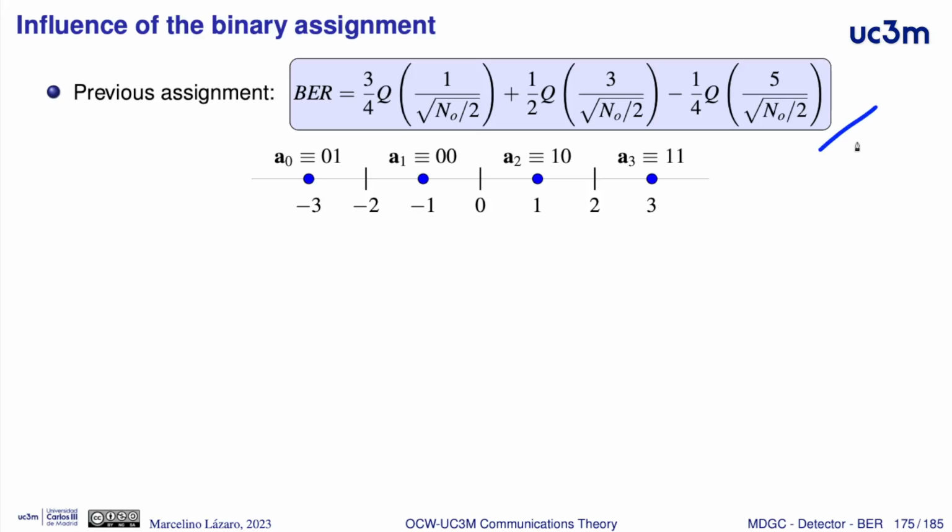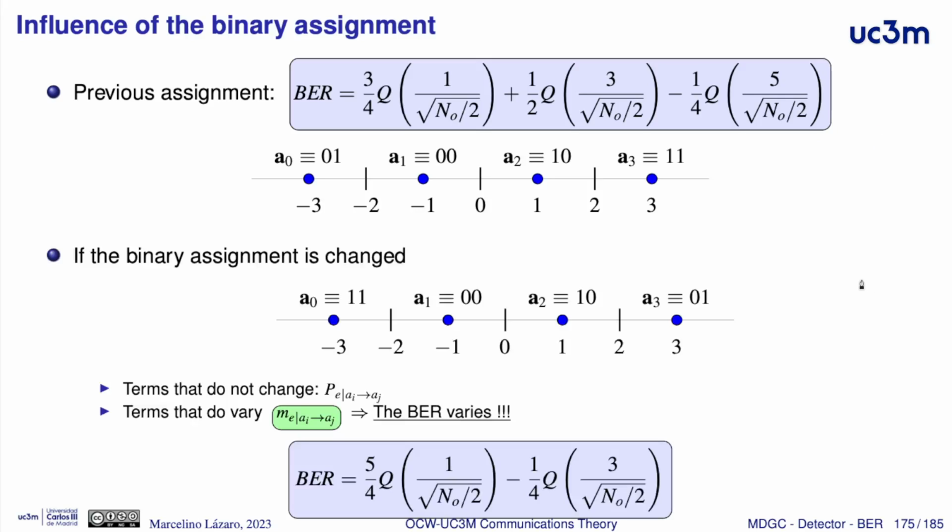Once we have the conditional bit error rates, they are averaged to obtain the bit error rate. If the binary assignment is modified, and for instance, in this binary assignment, we don't have a gray encoding, because for instance, these symbols are at minimum distance and they differ in 2 bits, the BER, the bit error rate, will be modified.